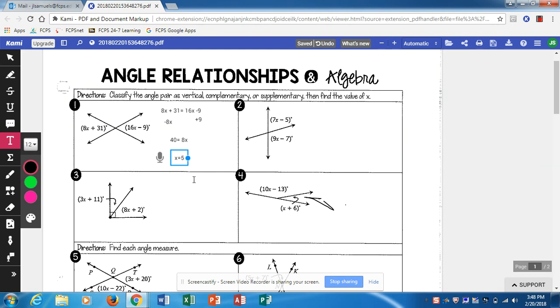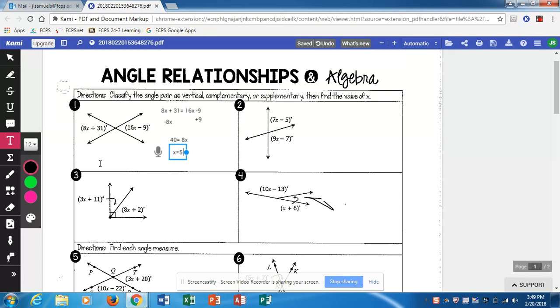Now we could go a step further, even though this problem does not ask for the actual angle measurement. We could substitute this 5 in to figure out the exact angle measurement, and that's going to help us especially when we jump down to the bottom. It doesn't matter which one you pick, you're going to get the exact same answer for both of them.